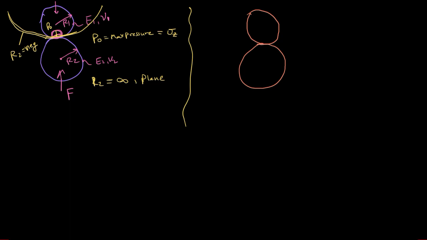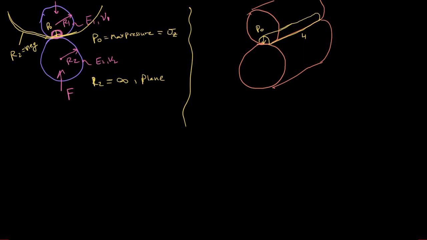Okay, and in the cylinder to cylinder contact, what we look at is the length of contact. And we're going to look at this profile. So the pressure profile looks like this. If we're considering 1, that profile is over the length, and it also has a max pressure P naught.